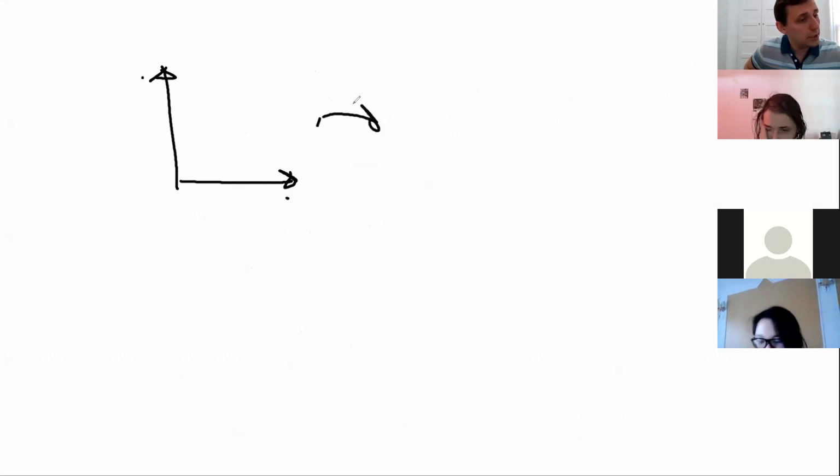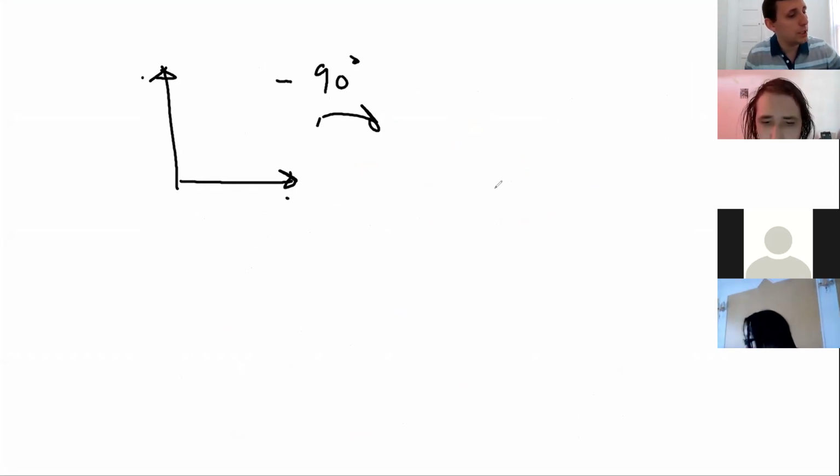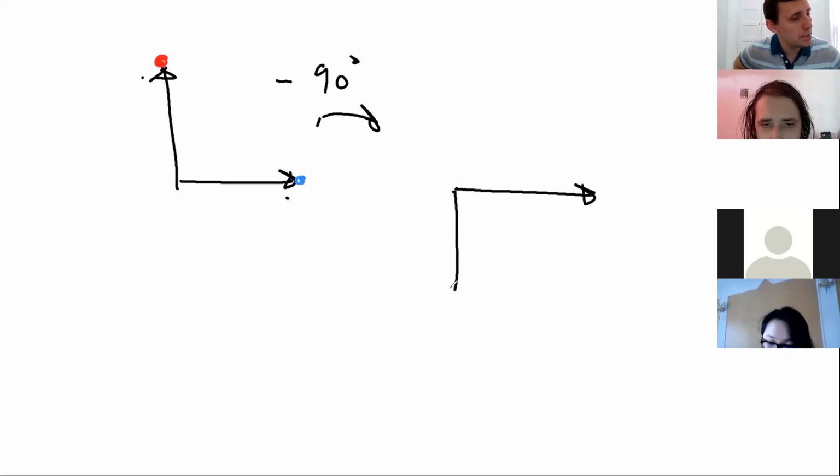If you rotate by 90 degrees clockwise, which is minus 90 degrees if you prefer, what do you get? So that we can distinguish, this is here red, and this here is blue. What happens if I rotate? The red is here, but the blue also rotated by 90 degrees and it is here.